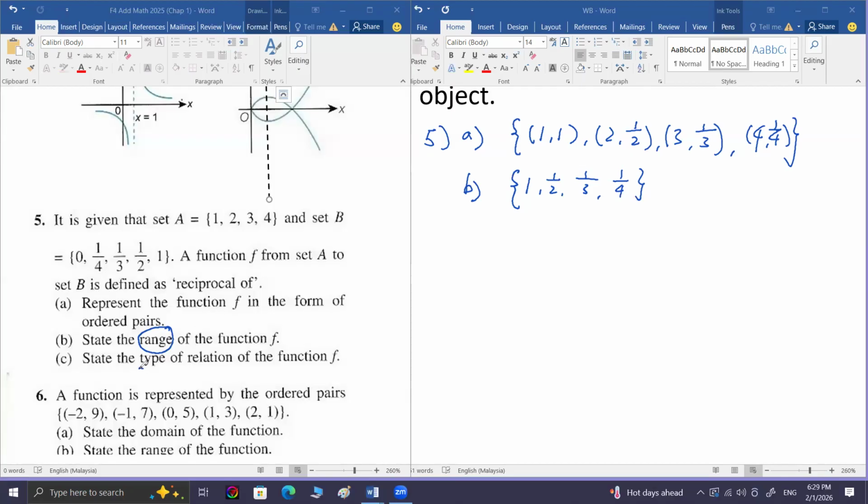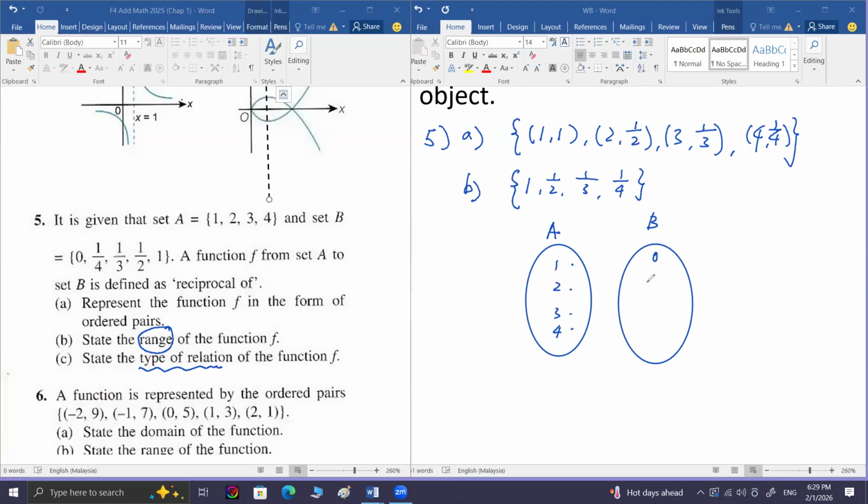Next, type of relation. Yeah, what is the type of relation? Just how we got one-to-one relation, one to many, many to one, many to many. What is this relation? If you're confused, but it's not compulsory for you to draw this, okay? Yeah, if you get confused, you can do like this. 1, 2, 3, 4.